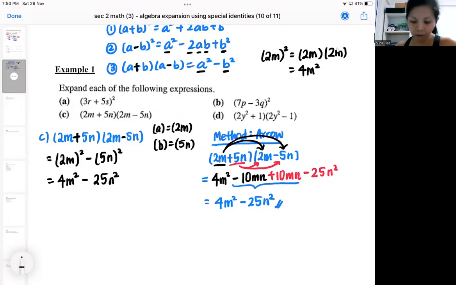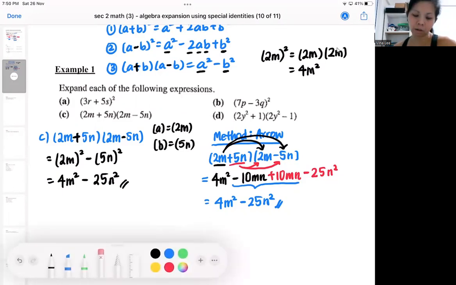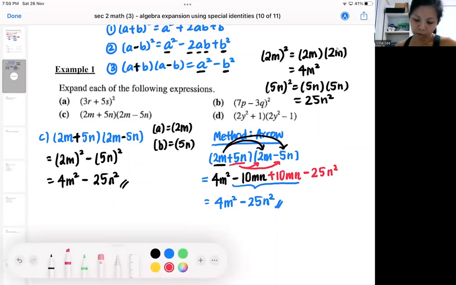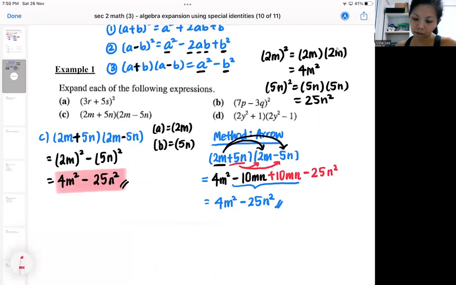Okay, I have been reminding about the bracket. Hopefully, none of you make the bracket mistake. So the same thing happened for 5n, means 5n times 5n. So that's how we get the 25n squared. So if you take a look, we end up with the same answer.